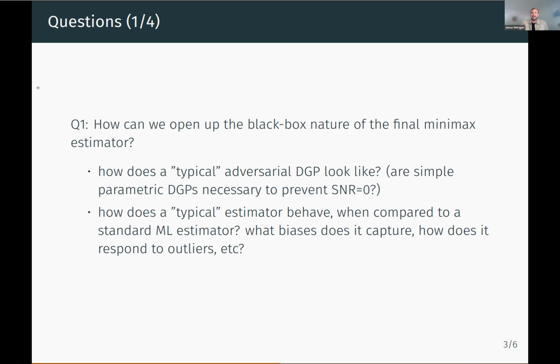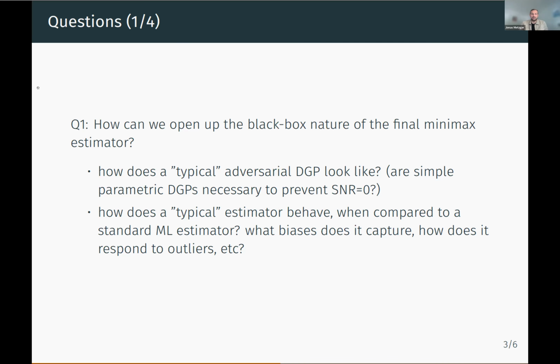And so the ways in which we might be able to approach that question that I was wondering about is, first, what does the typical adversarial DGP that the procedure ends up selecting look like? What does the prior itself look like? And then how do the posteriors, the data generating processes, actually end up looking?